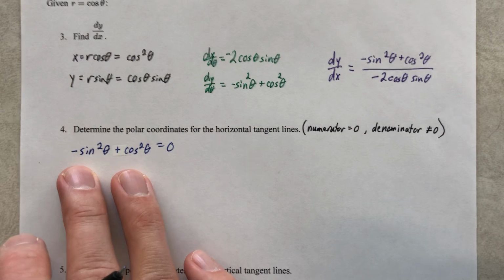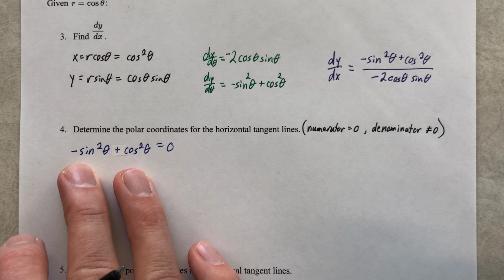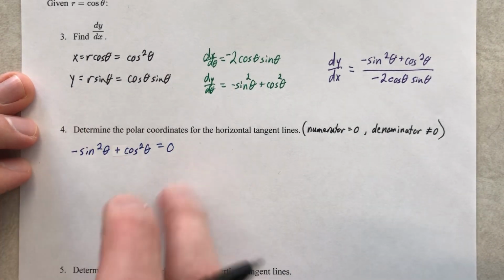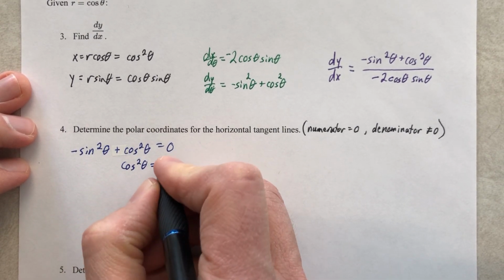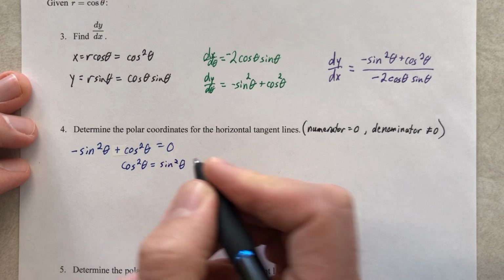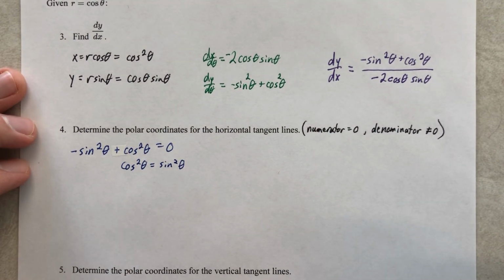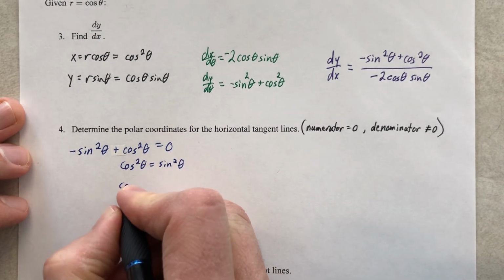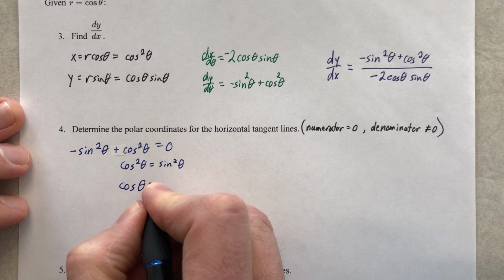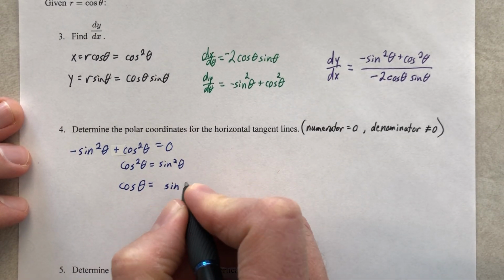If you're wondering how to solve this, don't panic. Really, don't panic. What I'm going to do is just move one of these terms over. So I'm going to move the negative sign over. That's going to give me cosine squared equals sine squared. And I'll square root this. And when I do, I end up with cosine theta equals sine theta when you square root it.